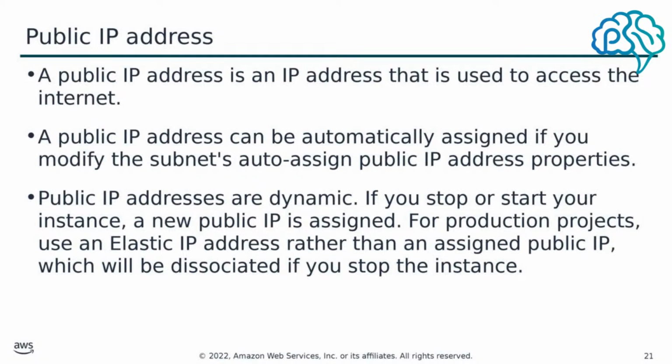So if you stop an instance or start it, you're going to get a new IP address. So if you do need to communicate with this public IP address, let's say for SSH or an FTP server or something like that, you would have to use an elastic IP address rather than just blindly assigning it a public address, because it's going to be disassociated as soon as you stop the instance. So that's kind of a big one that trips people up initially with AWS.